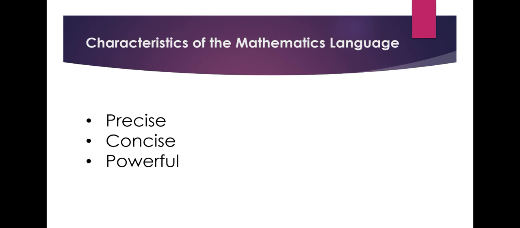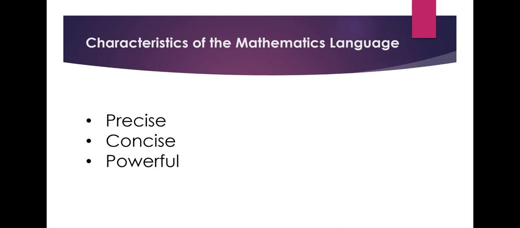Okay, so what are the characteristics of mathematics language? First, we have precise. When we say precise, that means it is able to make very fine distinctions. So in math, we only have one exact answer, right? Precise, or what we call tumpak, is one of the characteristics of math language.